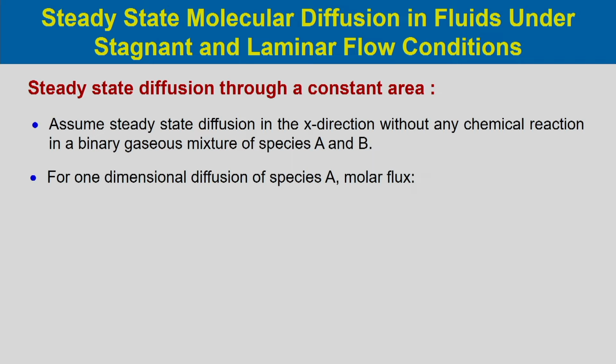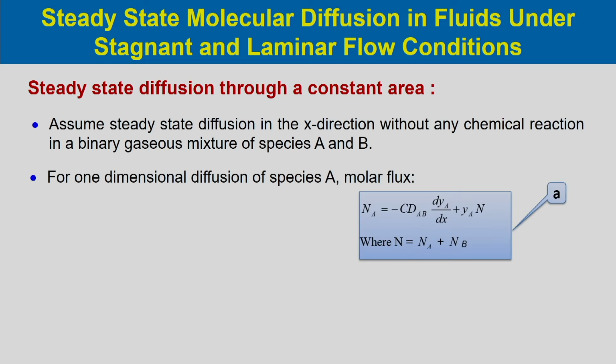For one dimensional diffusion of species A, we know the molar flux equation: NA is equal to minus C DAB dYA/dx plus YA N. Here N is the total molar flux, equal to NA plus NB.